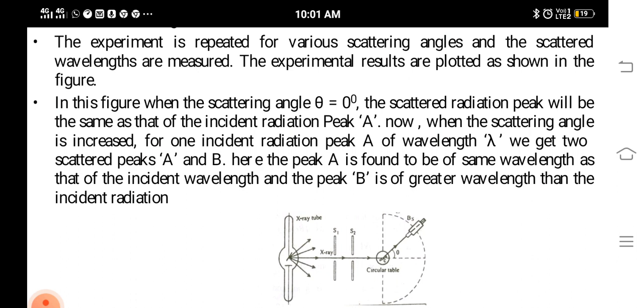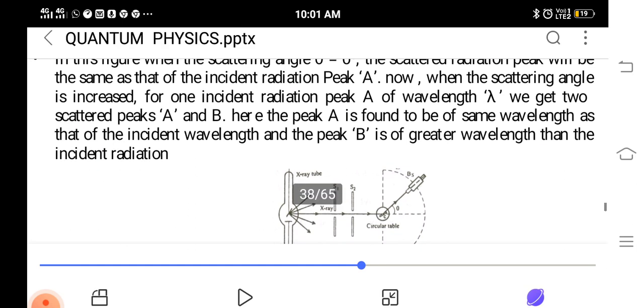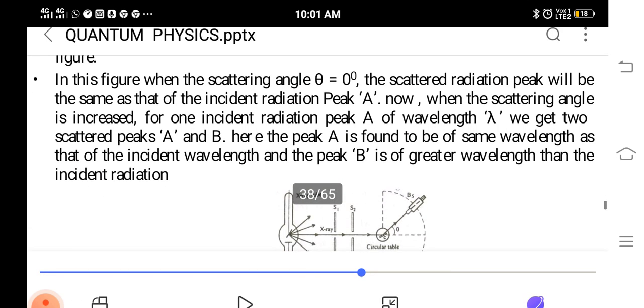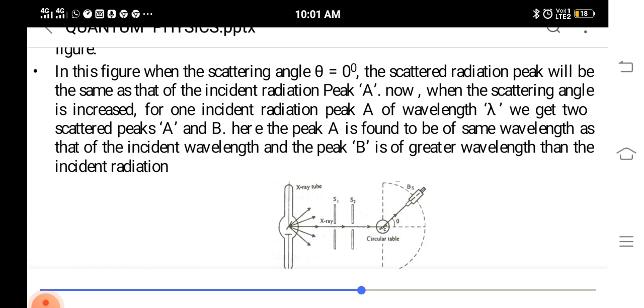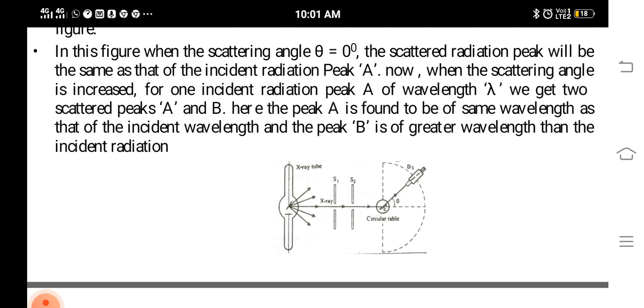In this figure, we can see the scattering angles of 0 degree, 90 degree and 180 degree. For 0 degree, the scattered radiation peak will be the same as that of the incident radiation peak, that is A. Now the scattering angle is increased.